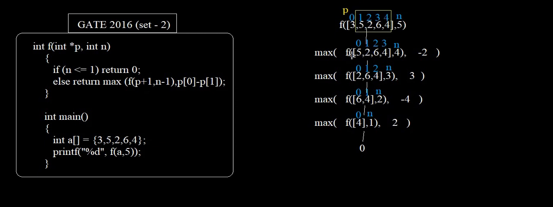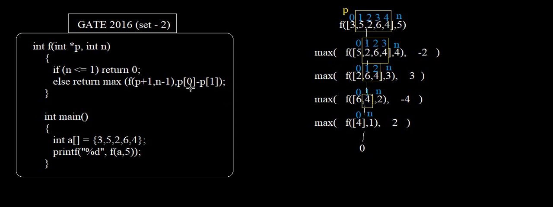And in the next call, when p is 0 and the call has been made, you need to take this entire one, and the next entire one, like this. Then the last one, and it will end.